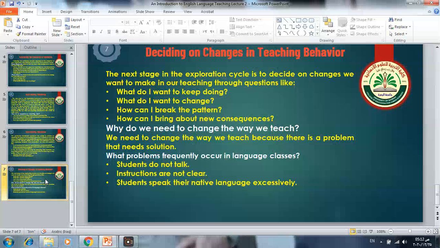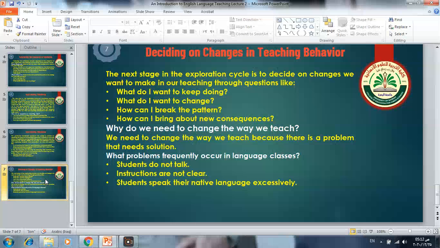Of course, you break the pattern by inventing a new way, by diverting it from the frequency that it happens into another way. And how can I bring about new consequences? Now, what enables me to bring about new consequences, so that I can gain new results?